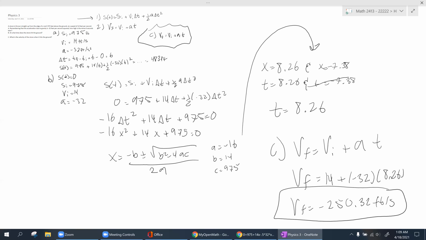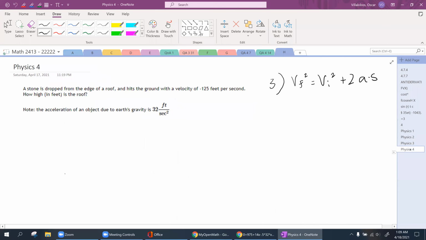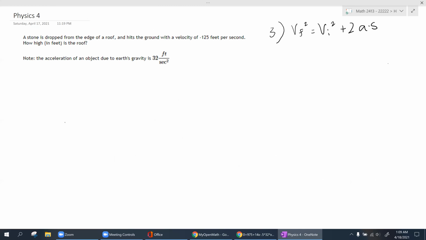We are done. So these problems are very physics heavy, right? We've already been introduced to two of these formulas. These are the only three physics formulas we'd really be using, related to kinematics.